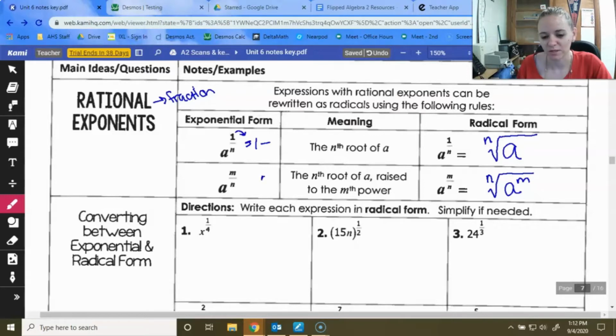If I physically tilt the fraction sideways, my denominator will be on the left and the numerator will be on the right. So that's how I remember what goes where. My denominator will go on the left and my numerator will go on the right. But the numerator has to go inside that radical. Okay? So this is how you convert your exponents into radicals.